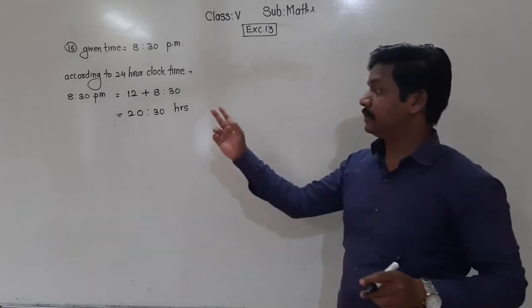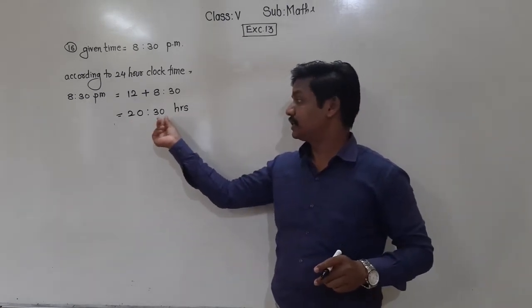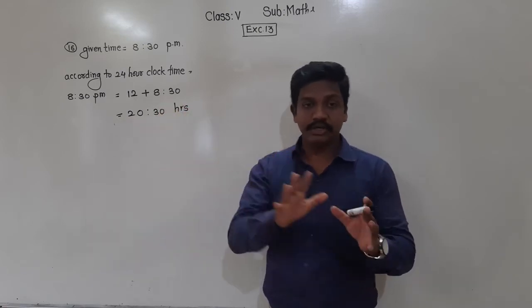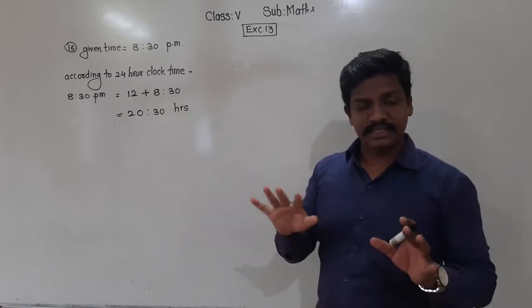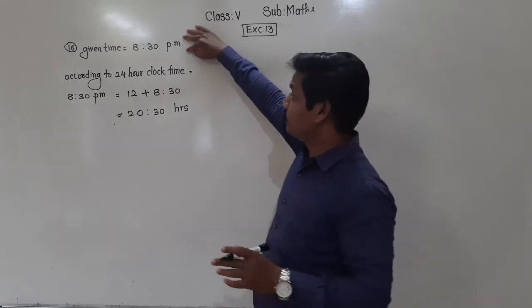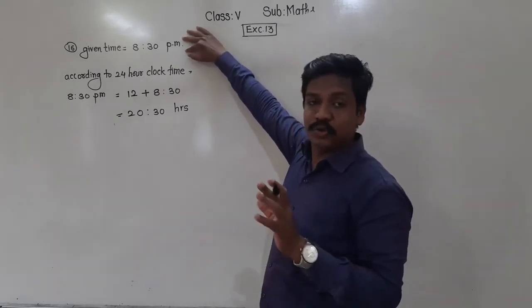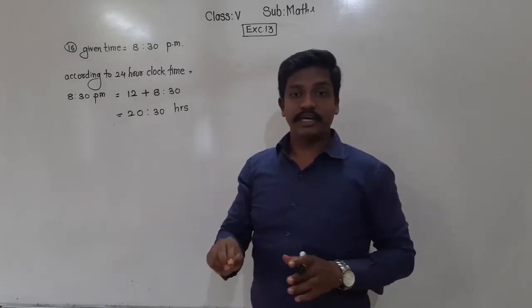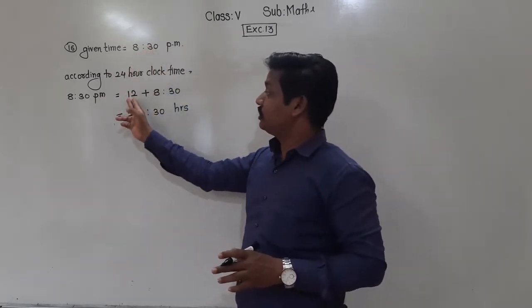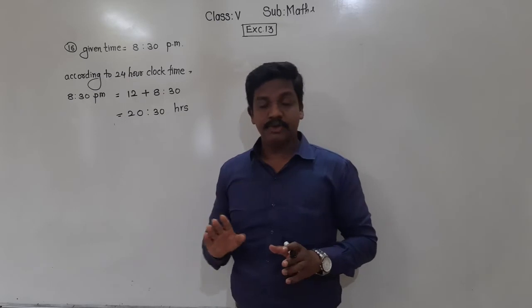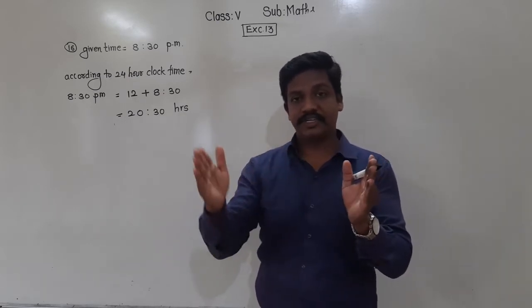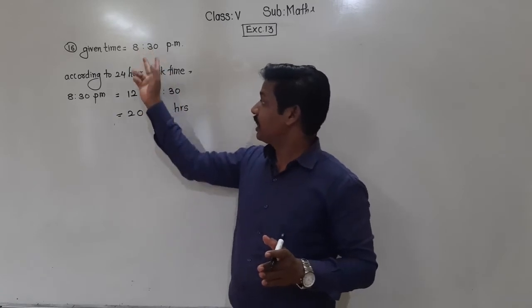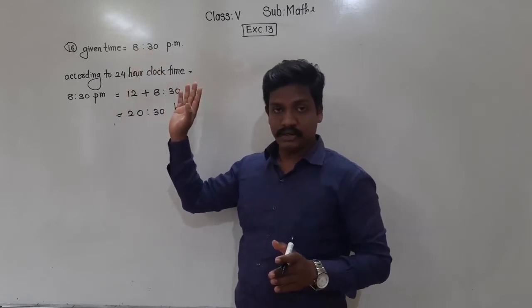So 8:30 p.m. is equal to 20 hours 30 minutes in 24-hour clock time. Whenever a time is given in the 12-hour clock, to convert it into 24-hour clock, add 12 to it, because after 12 we consider 13, 14, 15, 16 and so on.